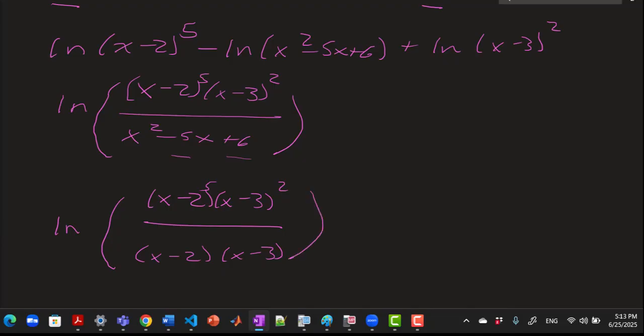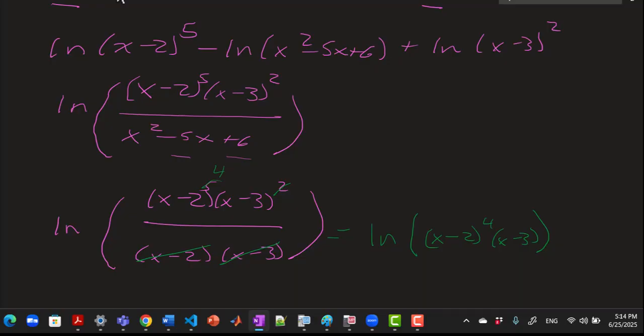So then I can cancel this x minus 2 with one of these, so I'm left with 4 of those. I can cancel this one with one of these. So then I have the natural log of x minus 2 to the 4th and x minus 3, just x minus 3. So now I've condensed it to one logarithm.